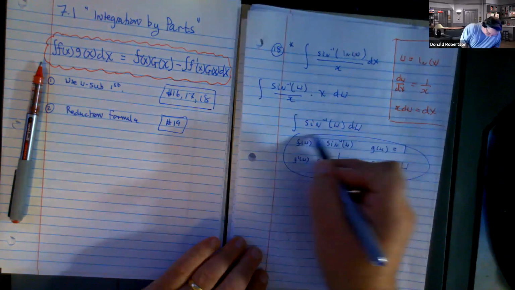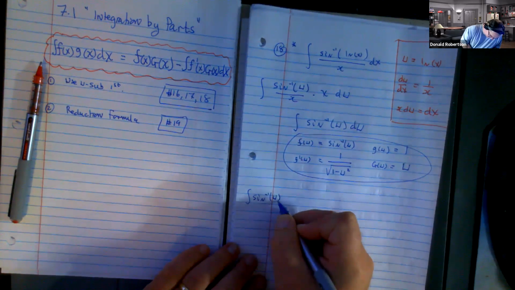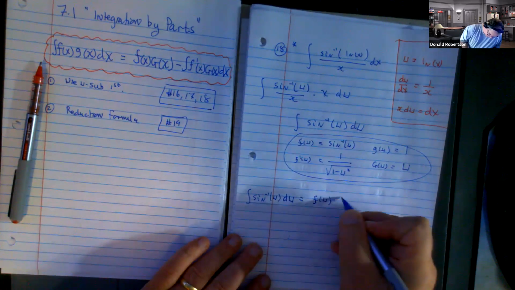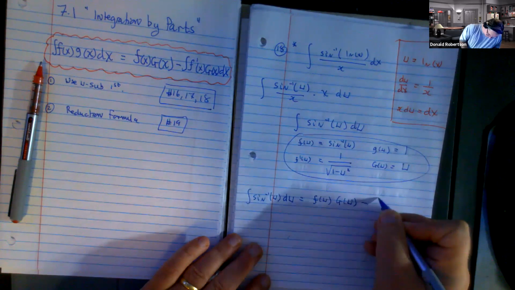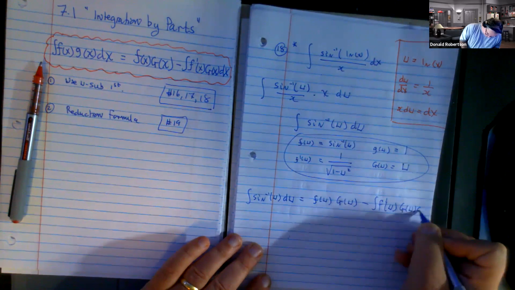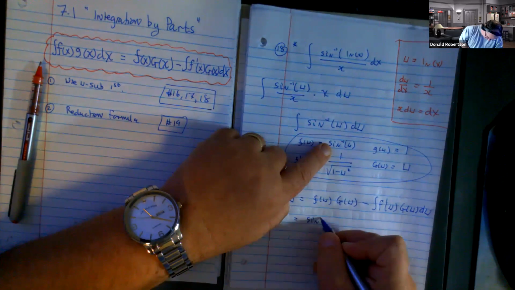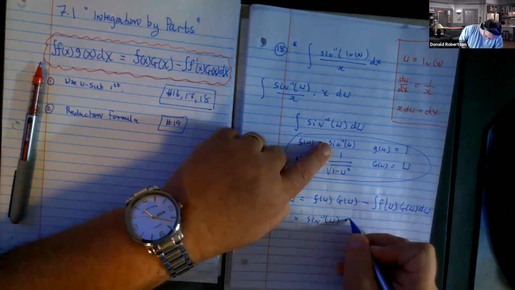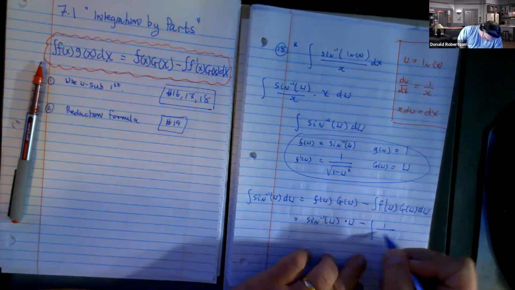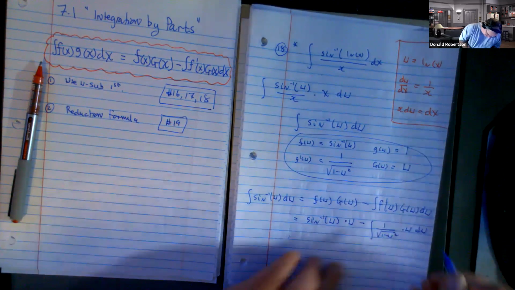This is going to be f of u, g of u, take away the integral of f dash, g of u du. So it's going to be inverse sine of u times u, take away the integral of the derivative times u du.